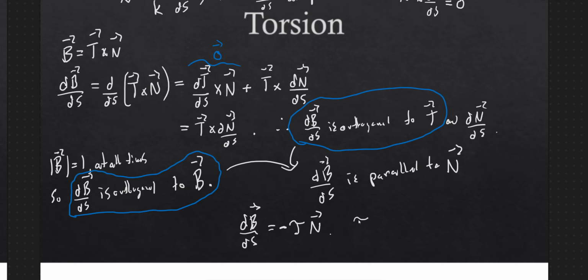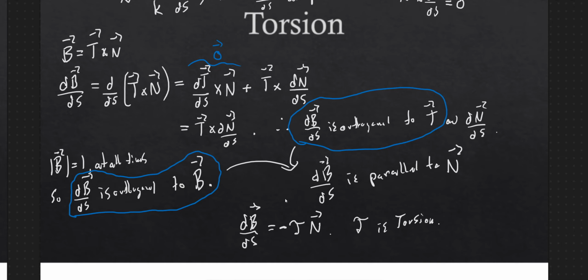And then tau is torsion. So the idea is we need to figure out what scalar multiple of N is dB/ds, and then the negative of that is torsion. And this is, again, convention, why we put this negative here. I know it's a little bit weird at first, but that's the idea.